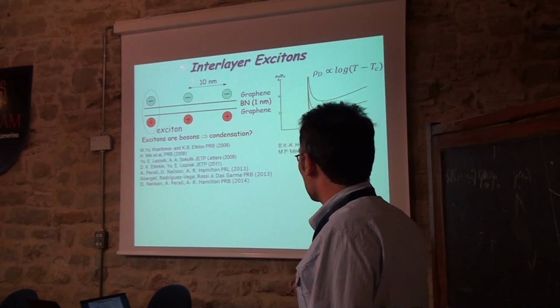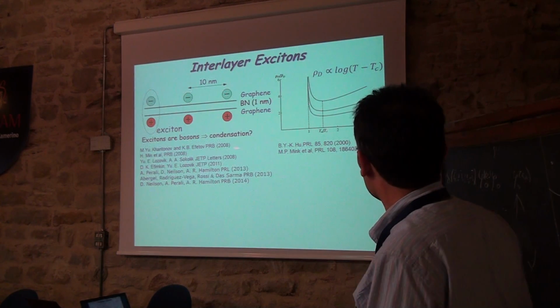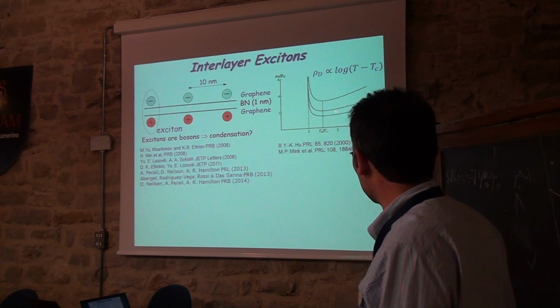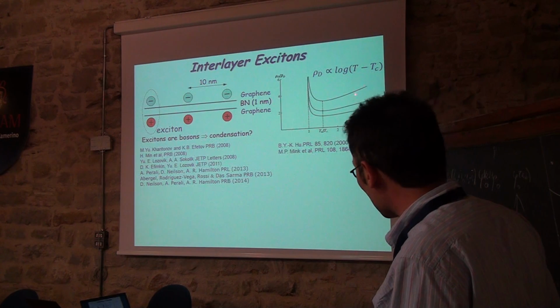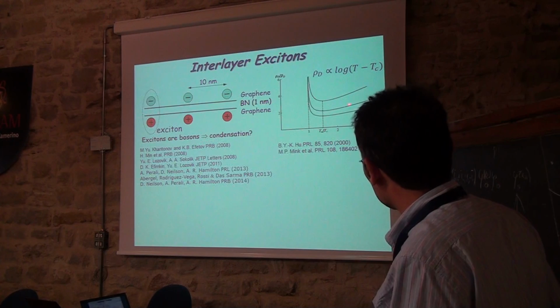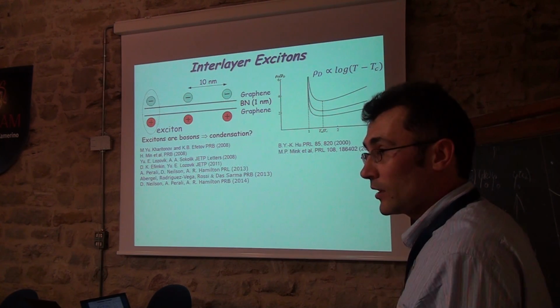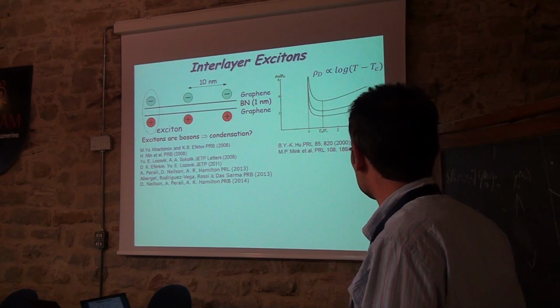And what we are looking for. We are measuring drag resistance, but if we actually do have excitons, as you have seen in the presentation of Marco Polini today, the temperature dependence of the drag resistance should actually diverge. So we have this quadratic dependence here, but then with decreasing temperature, drag resistance should actually increase rather than decrease.